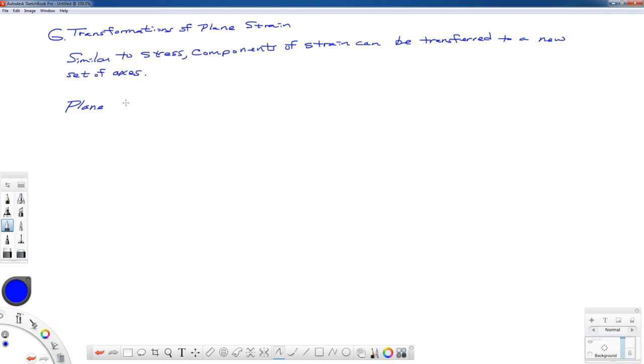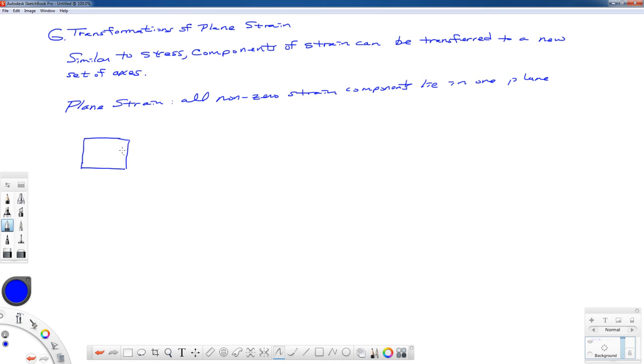Plane strain: all non-zero strain components lie in one plane. Now it's often taken as the XY plane where this occurs, but it could be any combination, XZ, YZ, whatever.